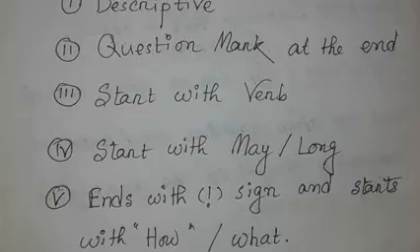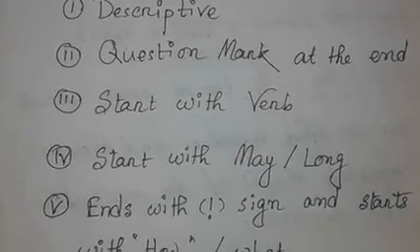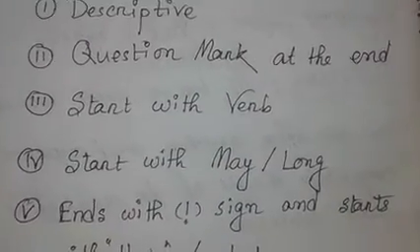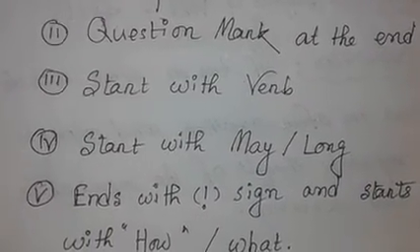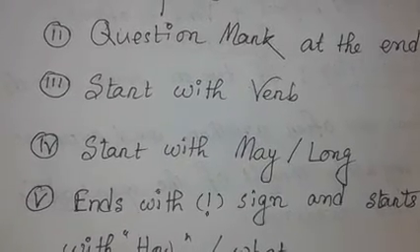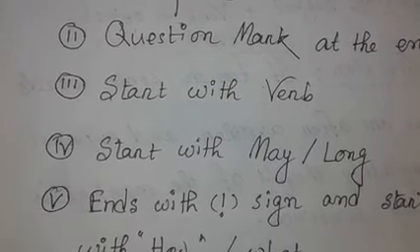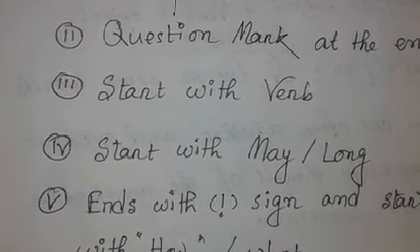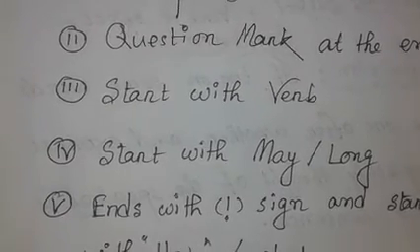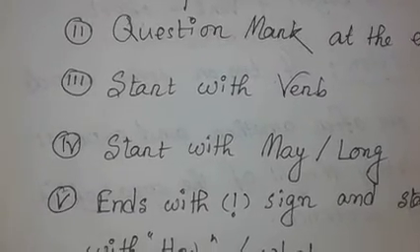Listen, dear students. Number 3, imperative sentence. You know very well that an imperative sentence is a sentence related to order or request, and the sentence must start with a verb.